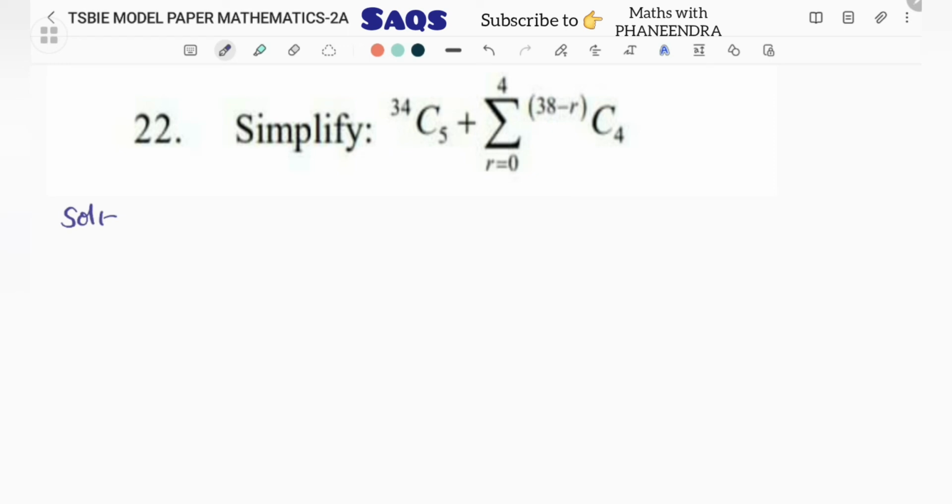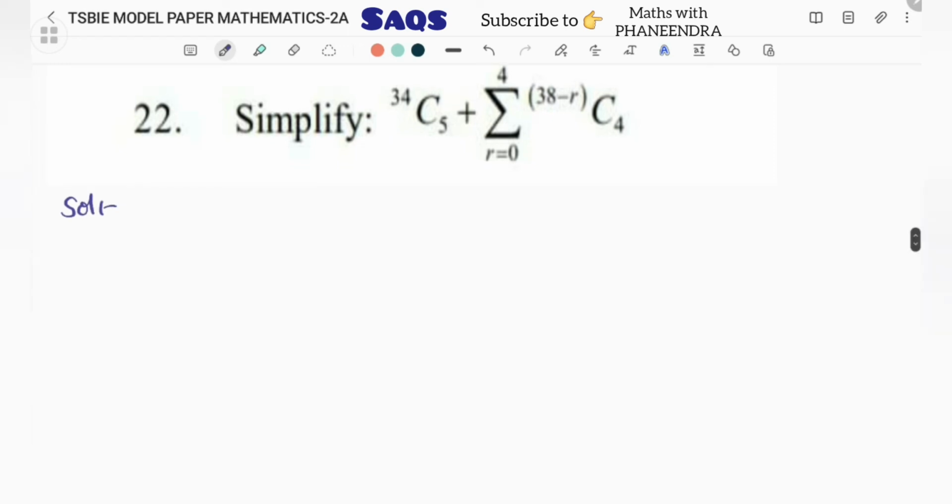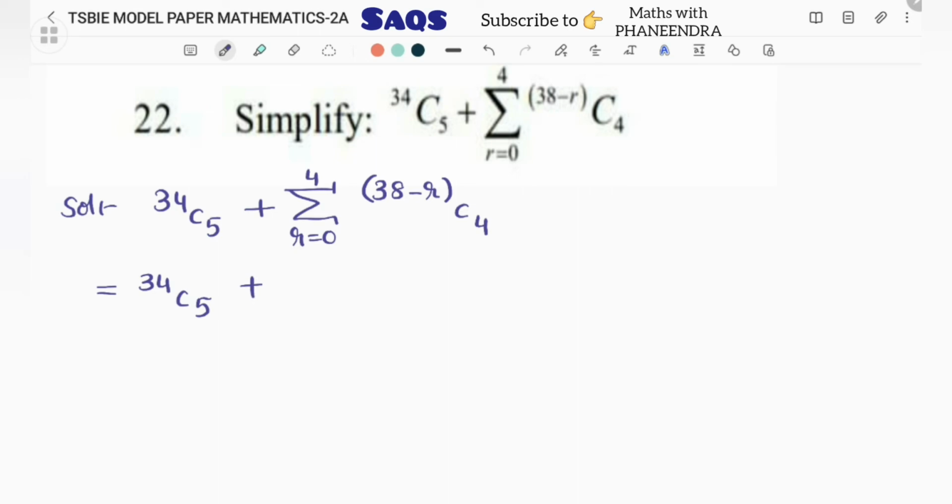In the solution step, for the 22nd question, first you have to assume that 34C5 plus sigma r is equal to 0 to 4, (38 minus r)C4 is equal to 34C5 plus, for r is equal to 0, substitute 38C4, plus r is equal to 1, substitute 37C4, plus r is equal to 2, substitute 36C4, r is equal to 3, substitute 35C4, and r is equal to 4, only till 4 here, substitute 34C4.